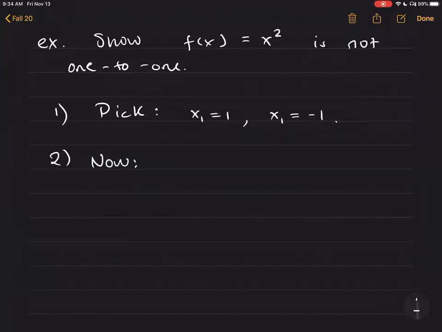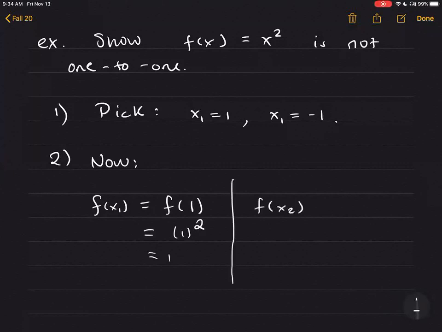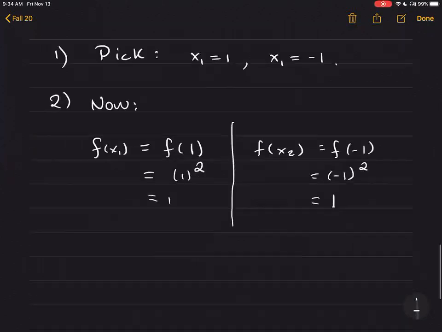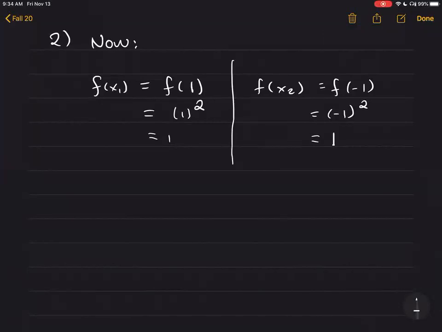So f of x1: we plug in 1, and we get 1 squared, which is just 1. Now if we plug in x2, that'll be f of -1. We plug in -1, and that becomes squared, and -1 times -1 is just 1. So x1 does not equal x2, because 1 does not equal -1.